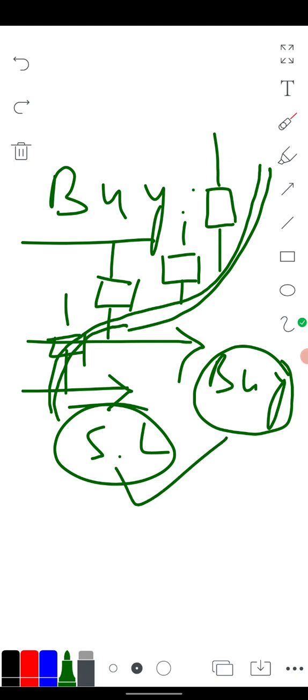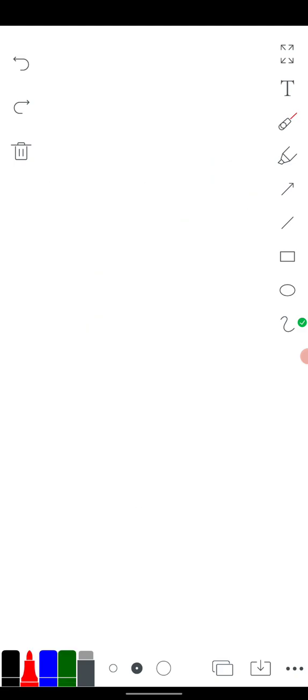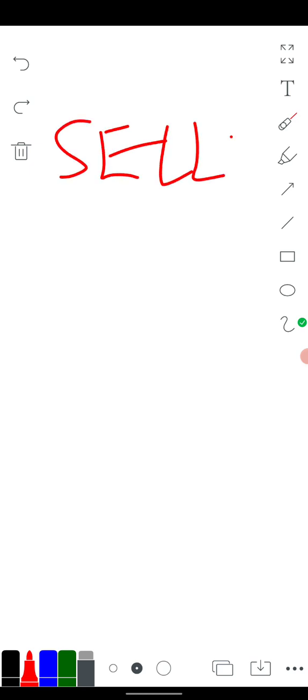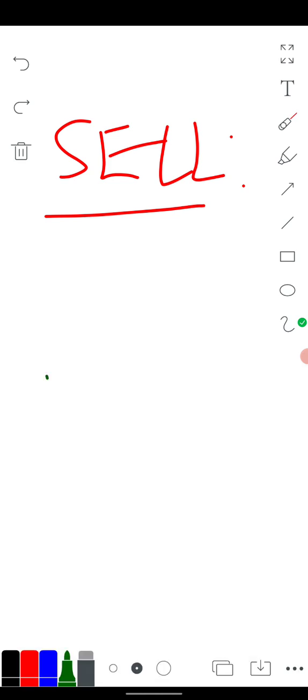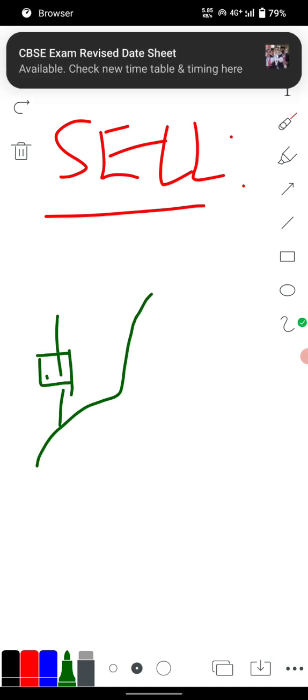Now let's take the sell position. We have taken a buy position over here, and it is moving like this, and the candles are also formed like this.